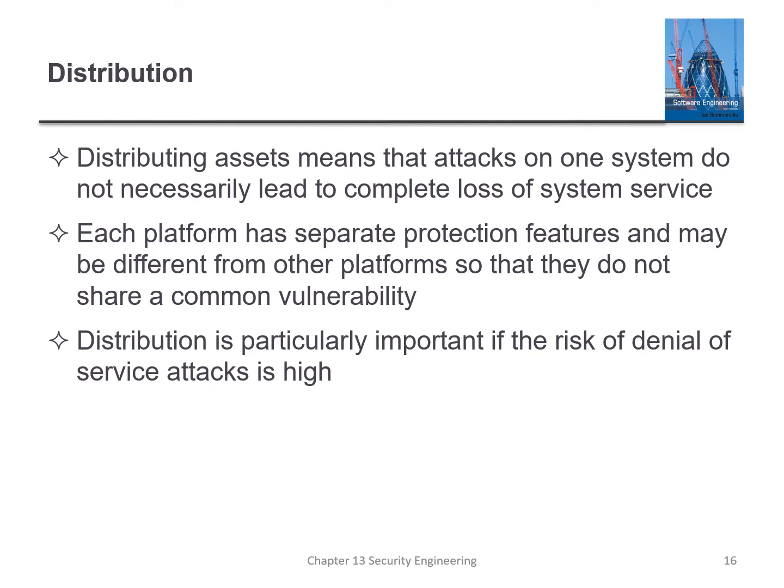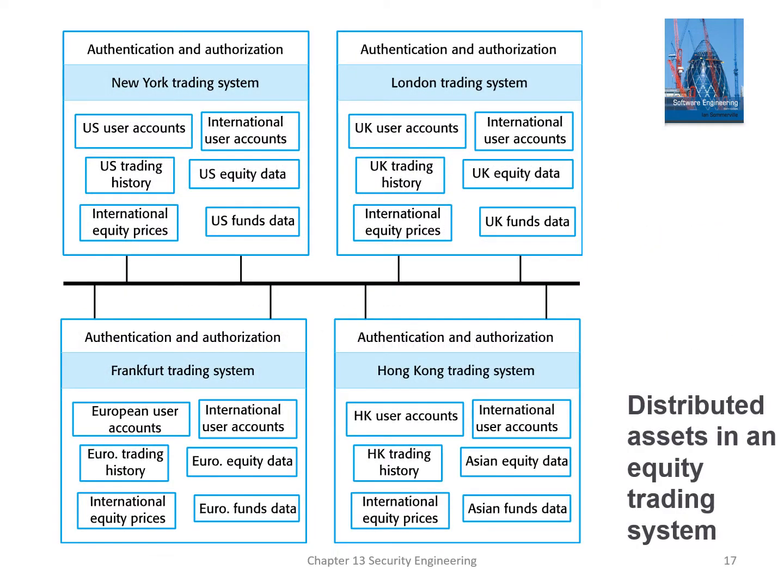So there are some different vulnerabilities there, and distribution is particularly important if the risk of denial of service attacks is high. Here it shows an example of what happens if a system is distributed, right?